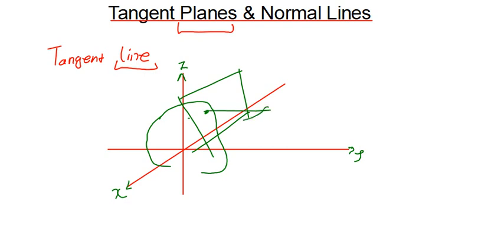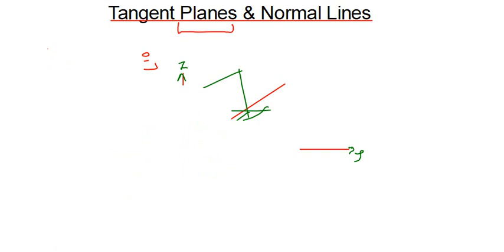Okay, so the main difference between independent variables and these multivariable functions is that we're talking about a plane instead of a line in terms of the tangent, but the normal still remains a line.